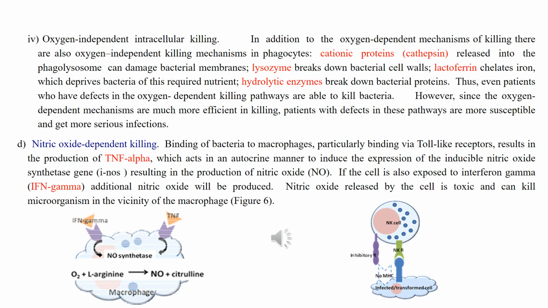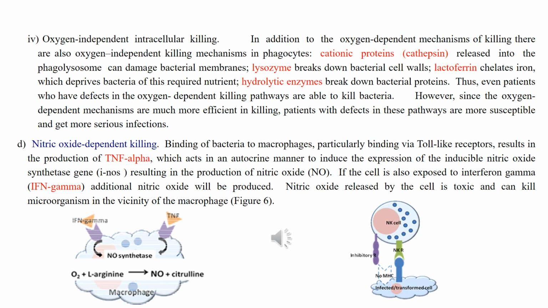Oxygen-independent intracellular killing. In addition to the oxygen-dependent mechanism of killing, there are also oxygen-independent killing mechanisms in phagocytosis. Cationic proteins and cathepsin, released into the phagolysosome, can damage the bacterial membrane. Lysozyme breaks down bacterial cell walls. Lactoferrin chelates iron, which deprives bacteria of this required nutrient.